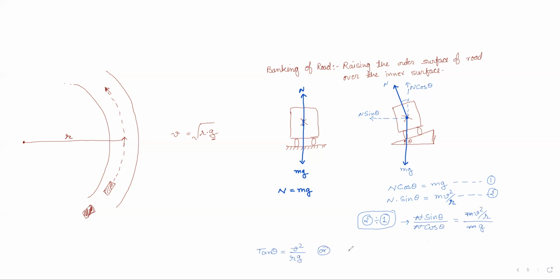Or directly going for the velocity term, v is equal to the root of rg tan theta. Now, what's the advantage of this? If we do not change the radius of curvature, we definitely cannot change the acceleration due to gravity.